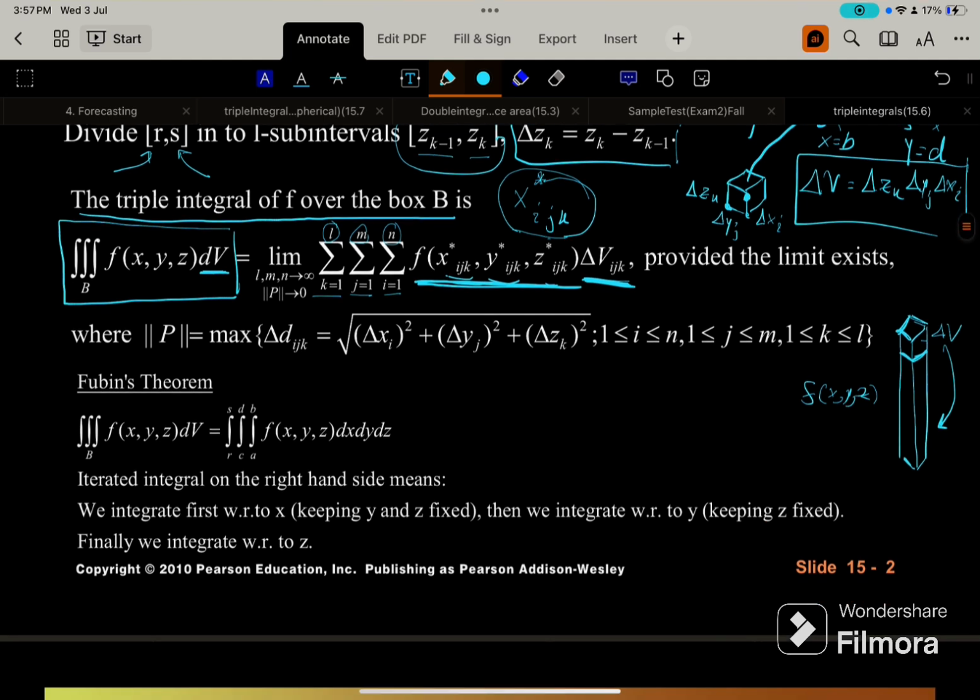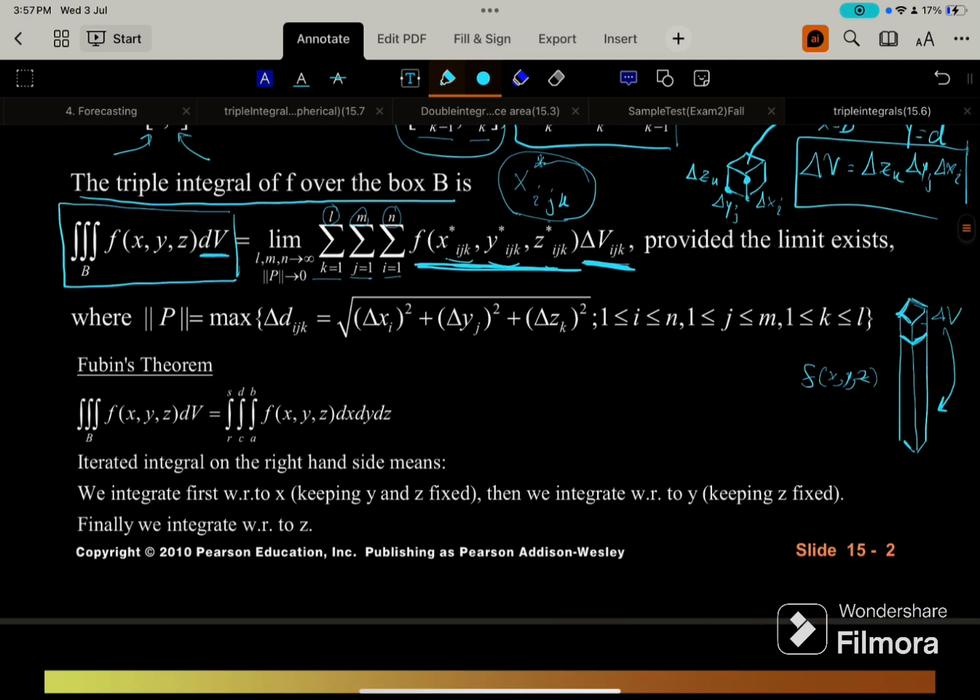And so also we need to make sure that p, which is basically the square root of delta xi squared plus delta yj squared plus delta zk squared, approaches 0. And so i is between 1 and n, j is between 1 and m, and k is between 1 and l.